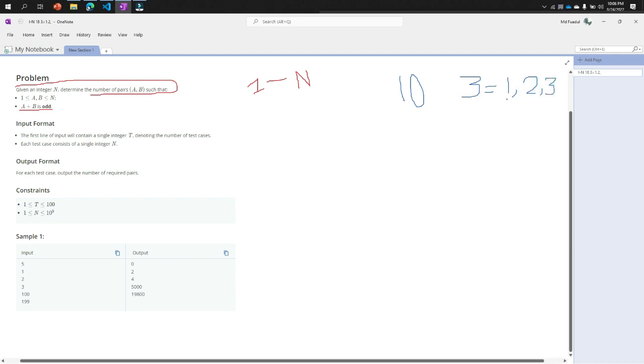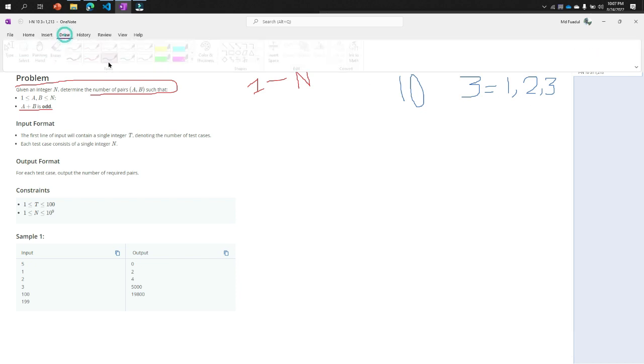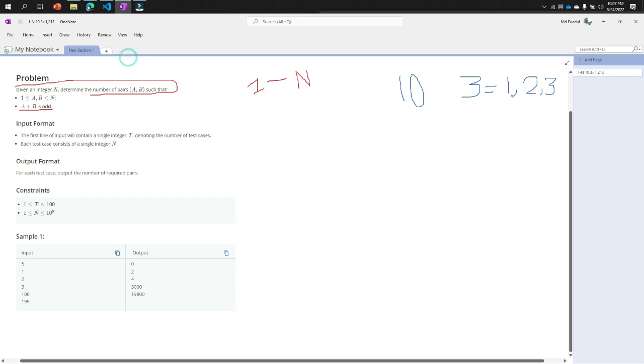Now how many pairs can we build with these 3 numbers? Like 1 and 2, 1 pair. 1 and 3, 2 pairs.